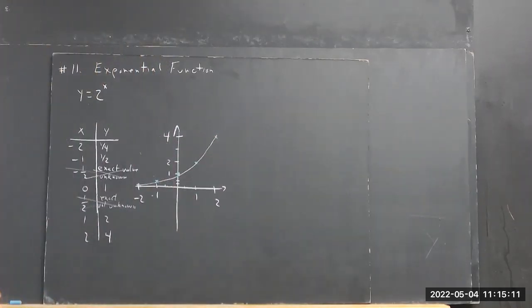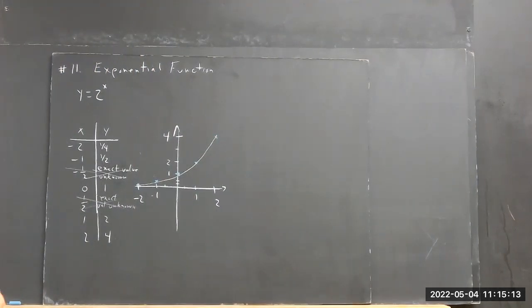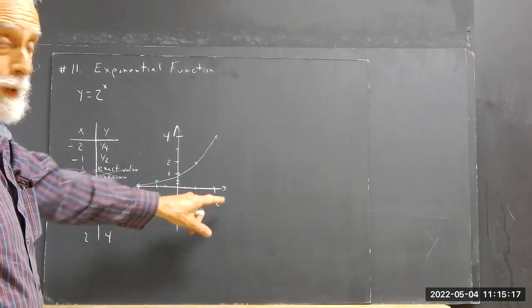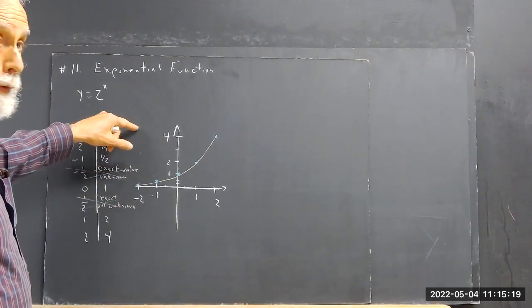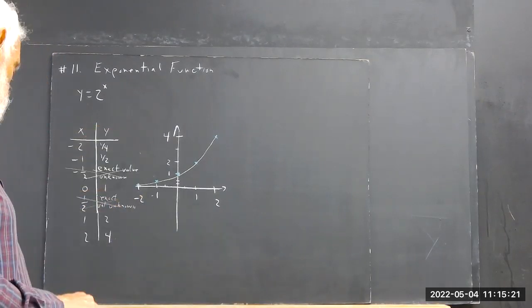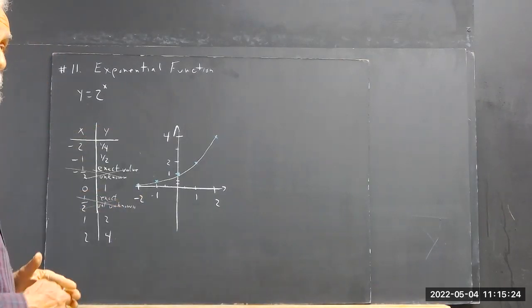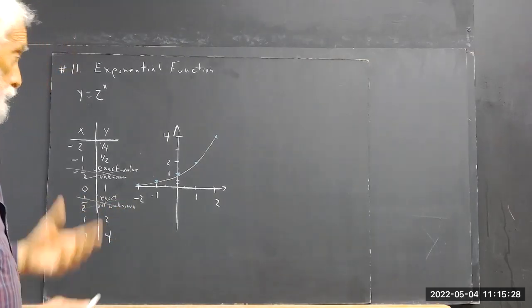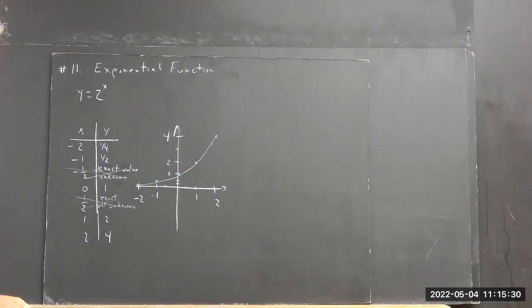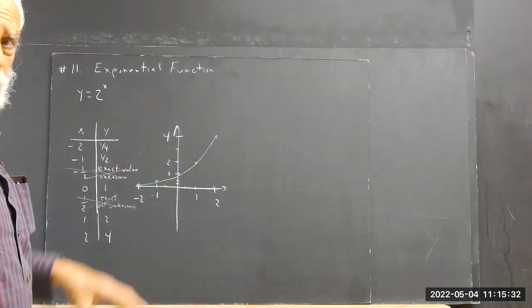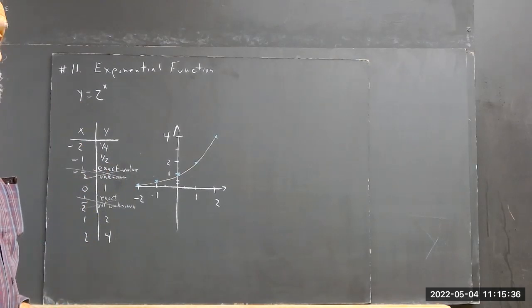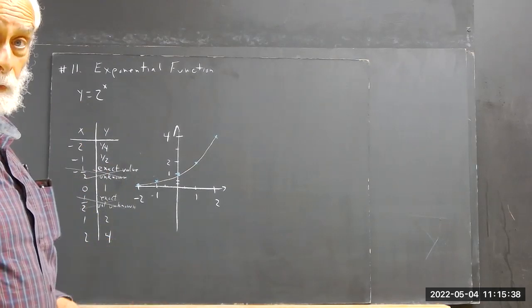That's the points. And now the domain goes all the way from -2 to 2, and the range goes all the way from 1/4 to 4. That's worth remembering for purposes of pre-calculus. I might ask about that on the exam, but if you don't know that much, it's okay. But I do want you to be able to graph these and answer some questions.